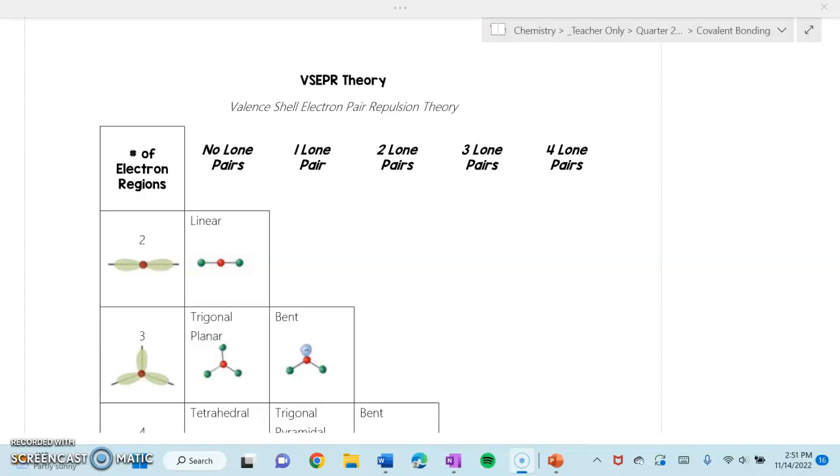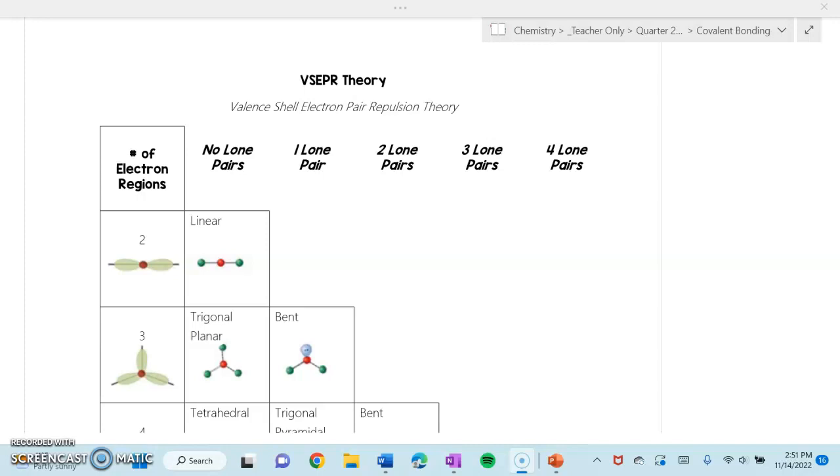The idea behind this theory is that electrons will repel each other, and electrons, remember, are located either in shared pairs or in lone pairs. We call both shared and lone pairs electron regions, and those regions will repel one another.